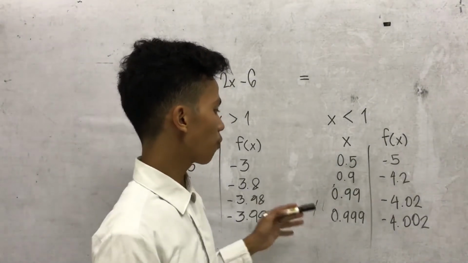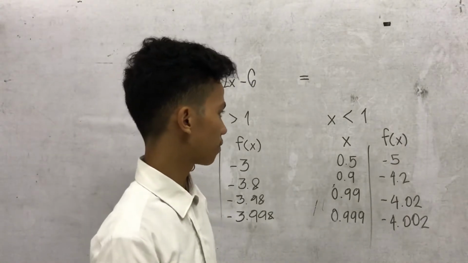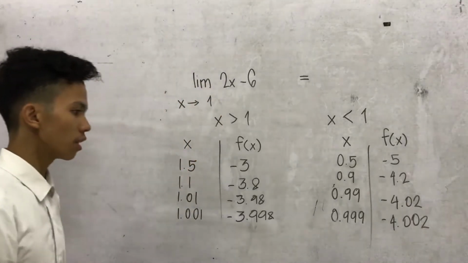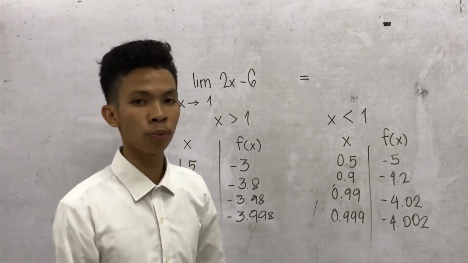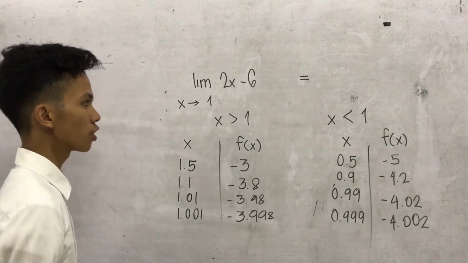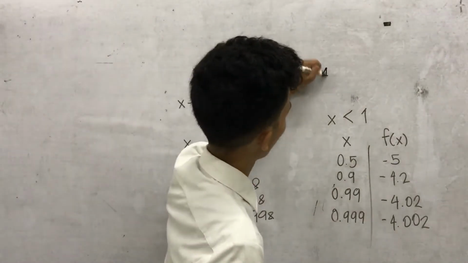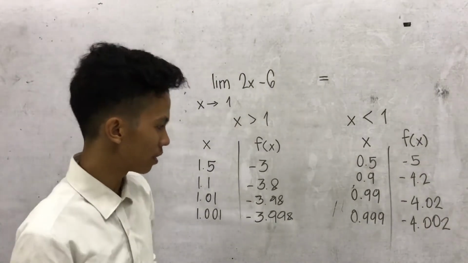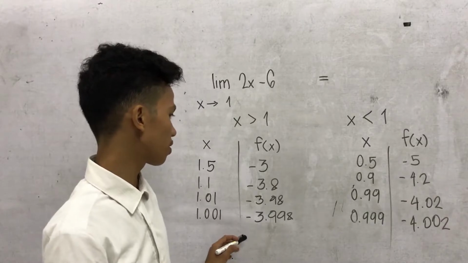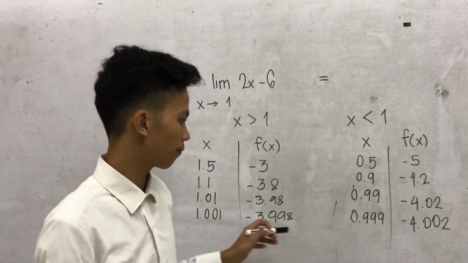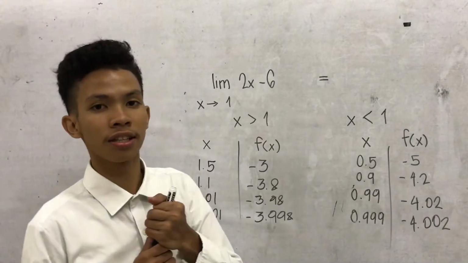And the f of x of 0.999 is negative 4.002. Since both answers are approaching 4, the answer is 4. I am very sorry. Since both answers of both tables are approaching negative 4, the answer is negative 4.